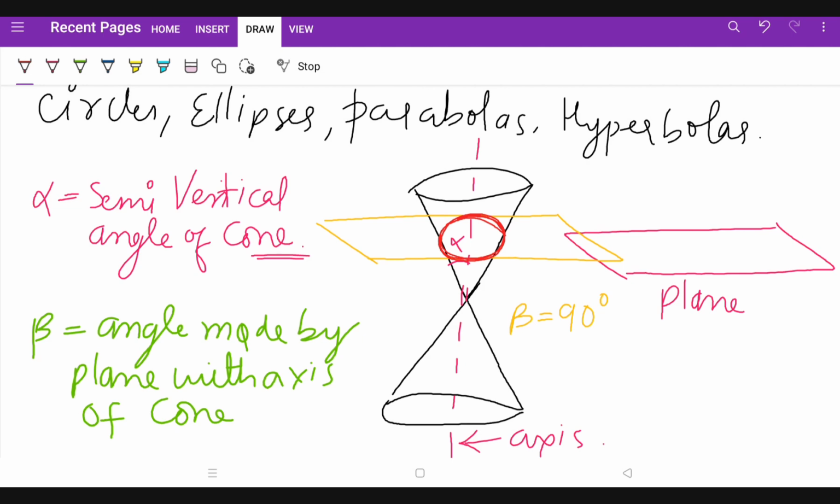Now this beta plays an important role in determining what type of conic section will be produced if the value of beta is changed with respect to alpha and the axis.